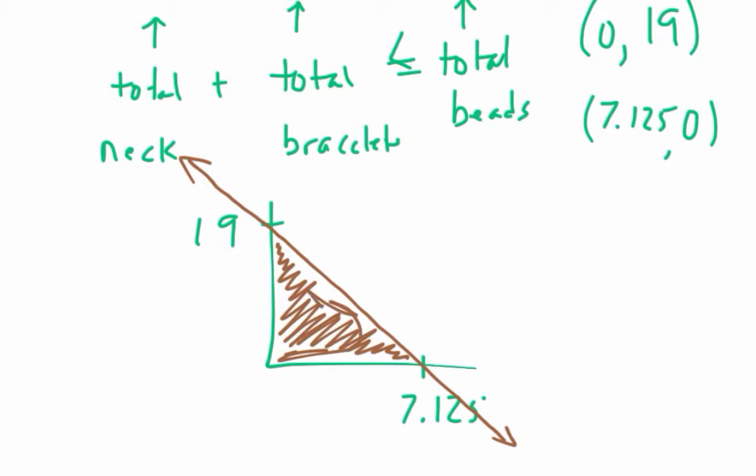If you really wanted to be a stickler, technically it's just a bunch of dots: a dot at 0 and 0, a dot at 1 bracelet and 0 necklaces, a dot at 1 bracelet and 1 necklace. But we're going to say she can make a partial necklace, she could get halfway through one, but she at least can't do negatives. So we shouldn't have this part here.